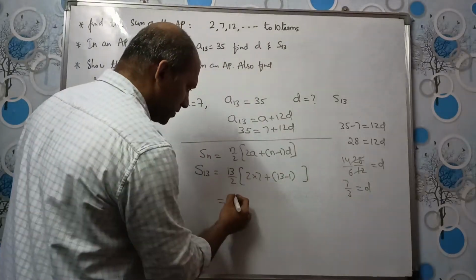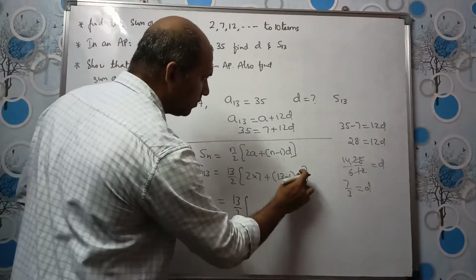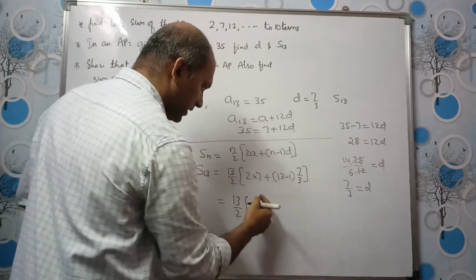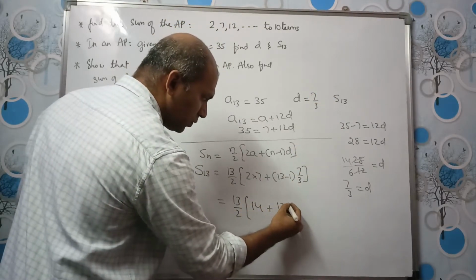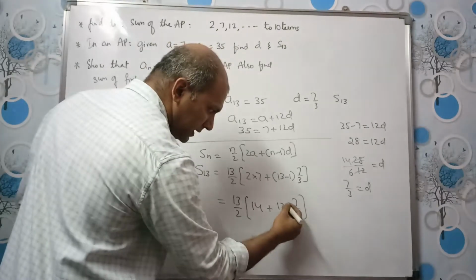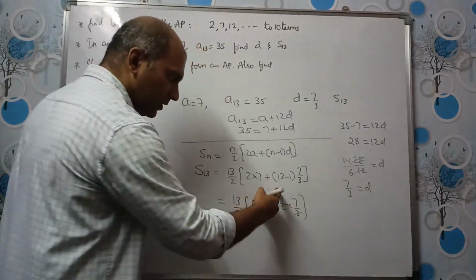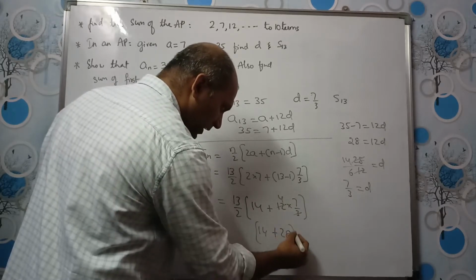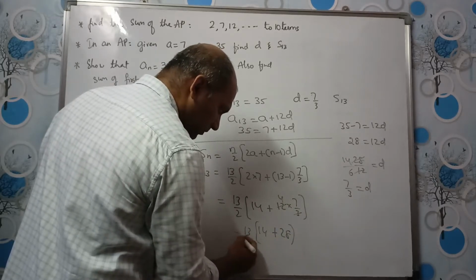So this is 13 by 2, and the value of D is 7 by 3. So let us write 7 by 3 here. This is 14 plus 12 into 7 by 3. So this 12 and this 3 get cancelled, 4 times 7 is 28. So 28 plus 14 is 42, and we have 13 by 2.